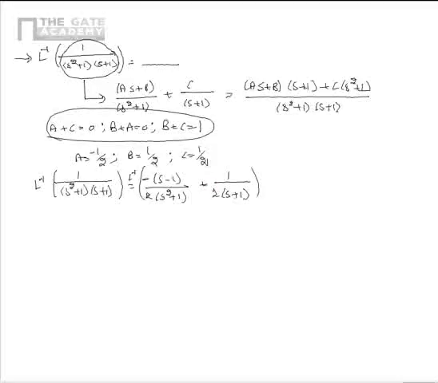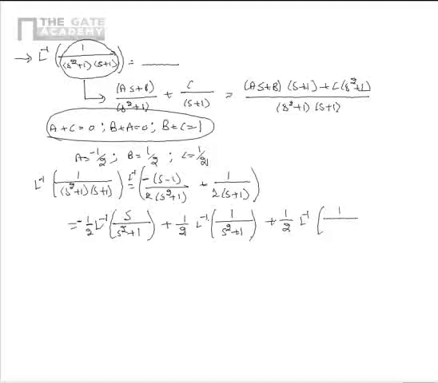So this can further be simplified as minus half multiplied by L inverse of s by s square plus 1 plus half multiplied by L inverse of 1 by s square plus 1 plus 1 by 2 multiplied by L inverse of 1 by s plus 1.